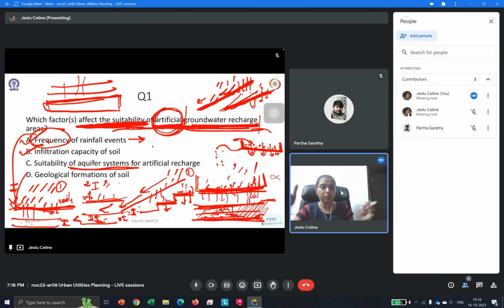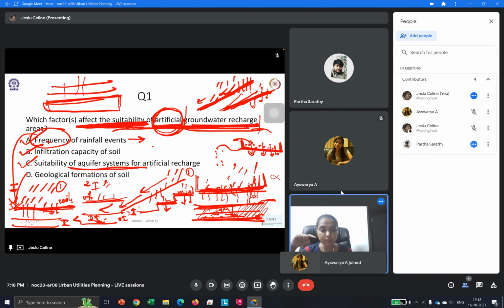So we need to see whether the aquifer is capable of taking this artificially recharged water also. So yes, suitability of aquifer systems for artificial recharge is important. Now, option D, geological formations of the soil.